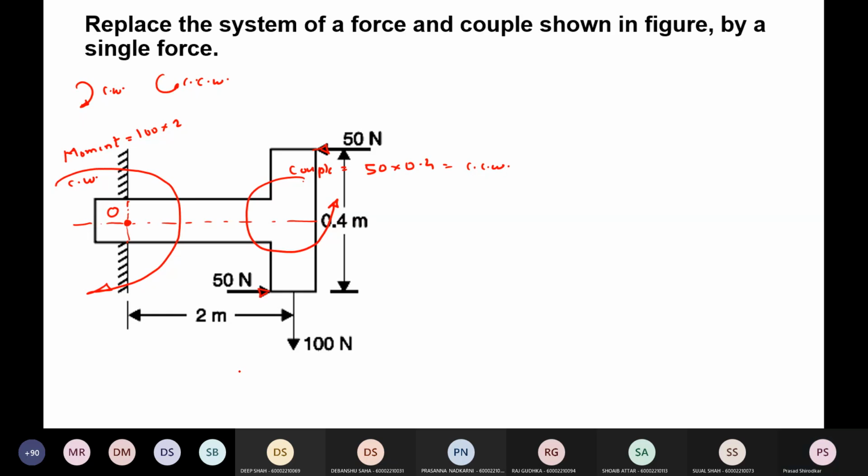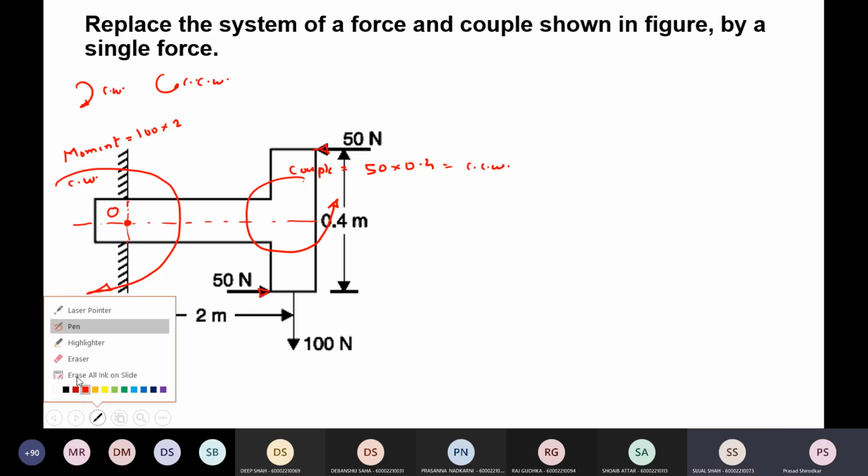All right. Yes, sir. Any other questions? Yes, go on. In that couple, that 15 to 0.4, sir, the perpendicular distance should be less than 0.4, no, because that line is passing before the actual distance? Which distance?